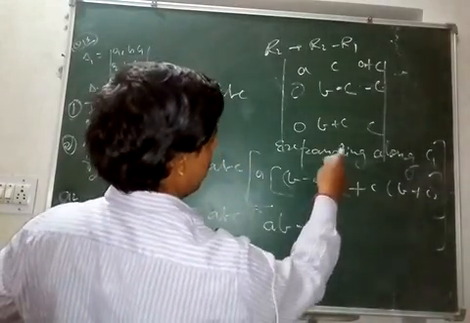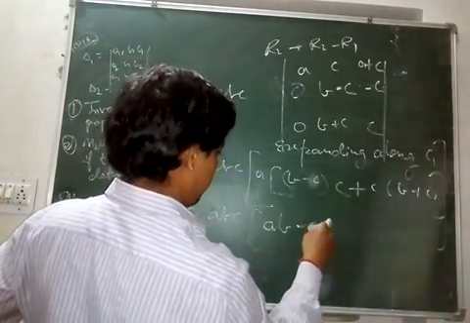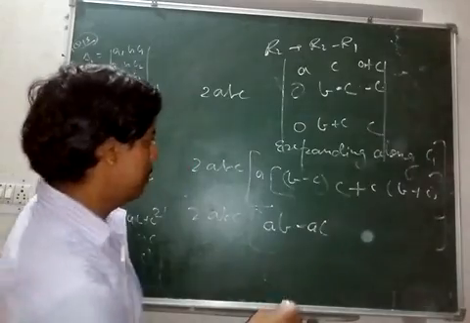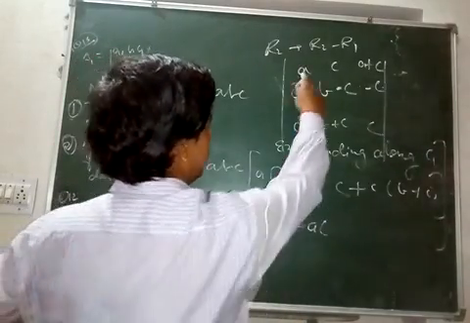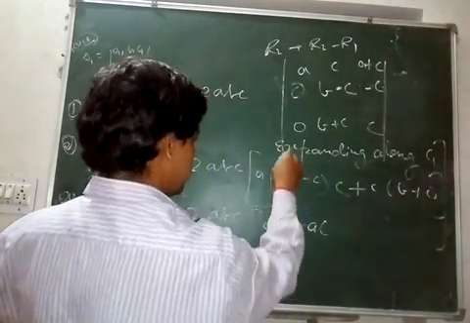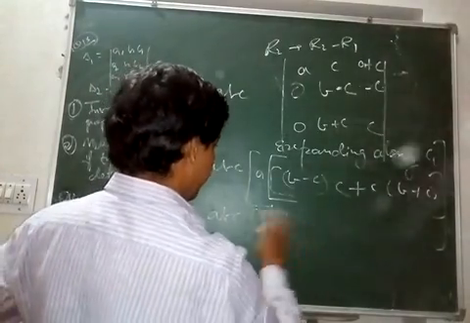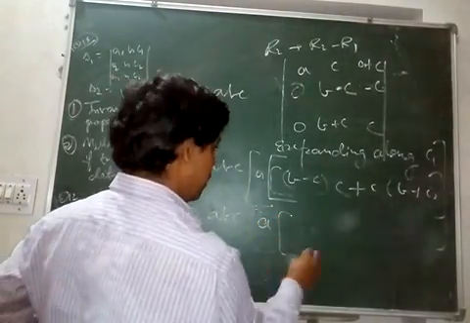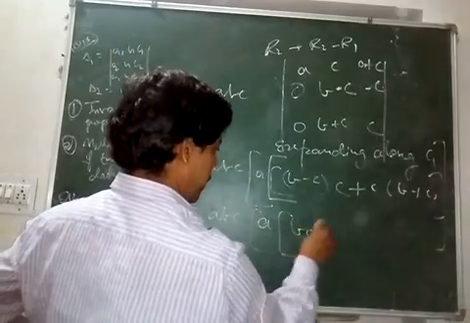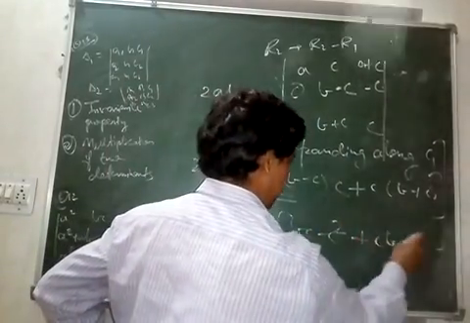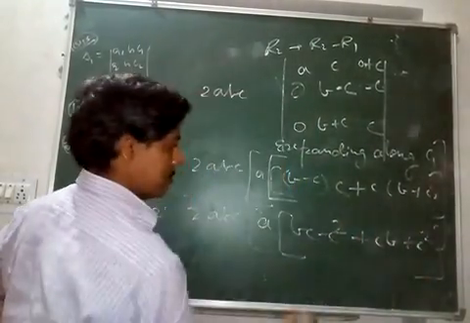This one, what I have written, A into this, A was already outside here, and this again is A is completely outside. So here you have to write A is completely outside, and now multiply B into C minus C square plus C into B plus C square. Now see what is happening.